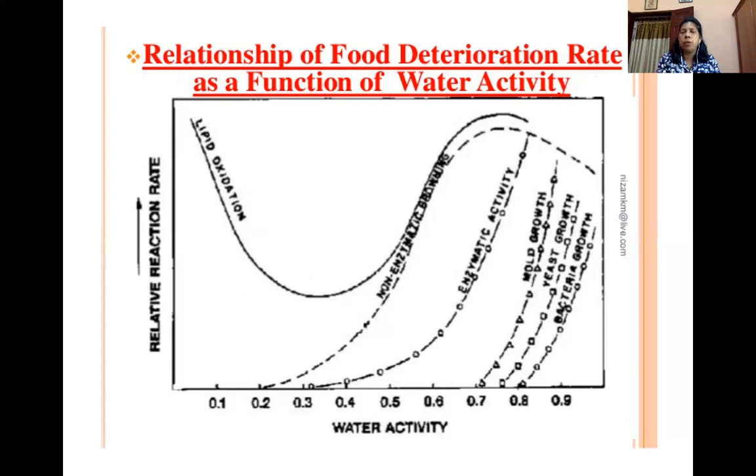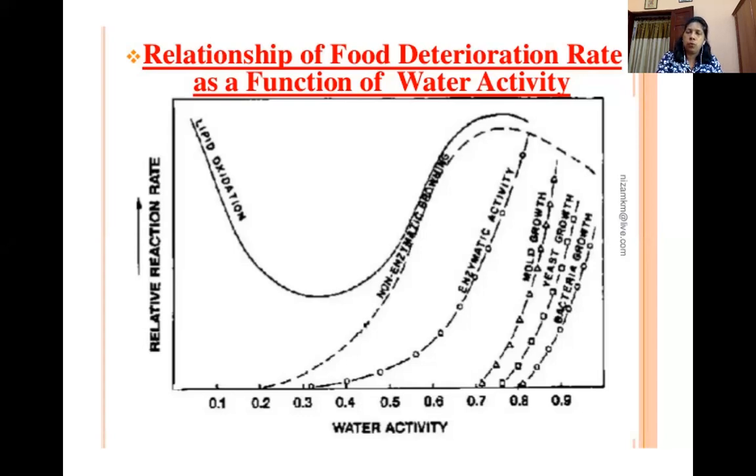So how can we do that? How can we have water there, but not supporting different types of reactions? It is not available for microorganism reactions. It is not available for enzymatic activity. It is not available for non-enzymatic activity. It is not available for lipid oxidation. Then we can say the product is stable.